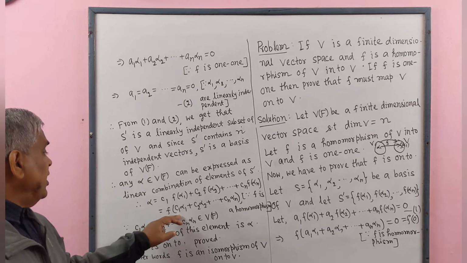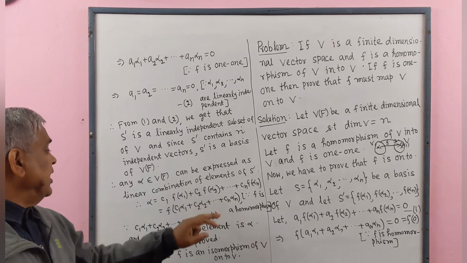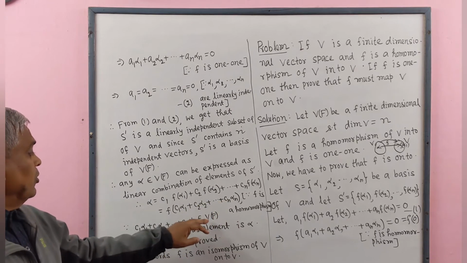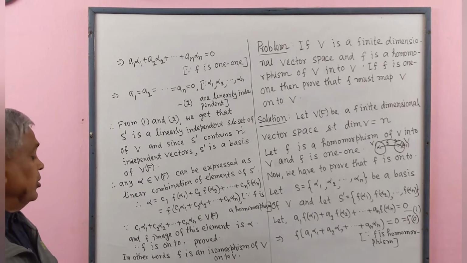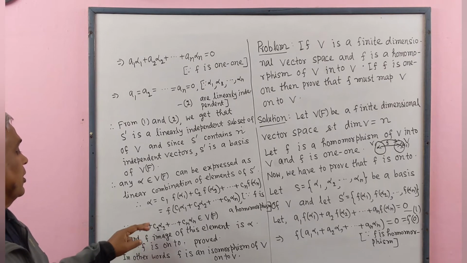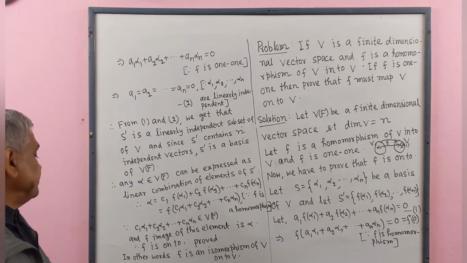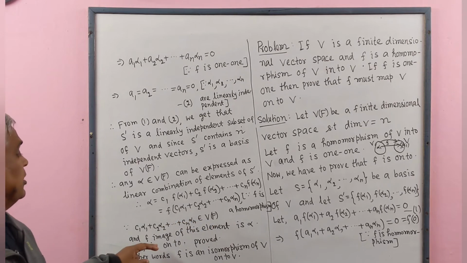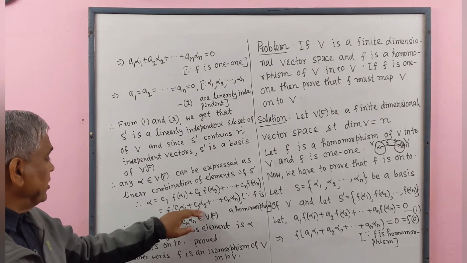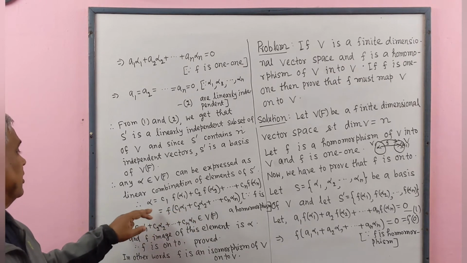Since C1 alpha 1 plus C2 alpha 2 plus dot Cn alpha n is a linear combination of elements of the basis of V, it is an element of V, and F image of this element is alpha.